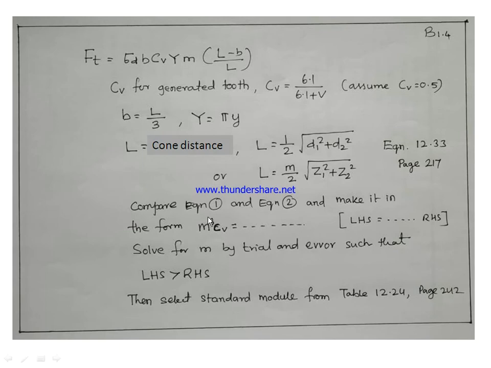Then comparing the tangential tooth load equations, that means calculated from the power transmitted and calculated from Lewis equation. After comparing, put that in the form m squared into Cv, so some value you will get here, and by assuming Cv equal to 0.5, m can be calculated, and see that this side is greater than this side for chosen value of Cv as well as module.